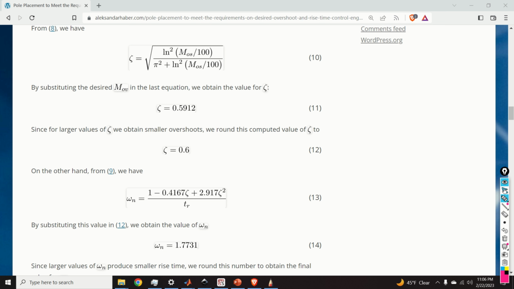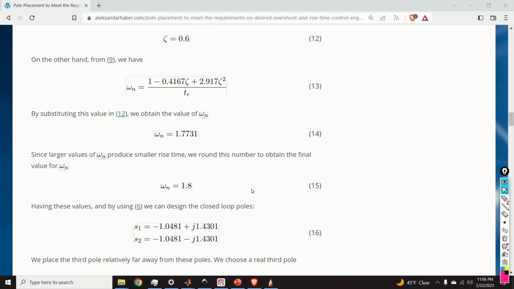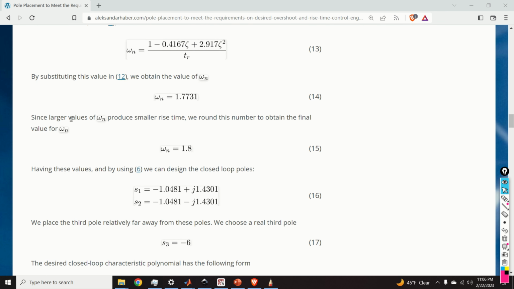Again, it's always a good idea to round these numbers, so since larger values of omega n produce smaller rise time, we round this number to obtain the final value of omega n, and the final value of omega n is 1.8.